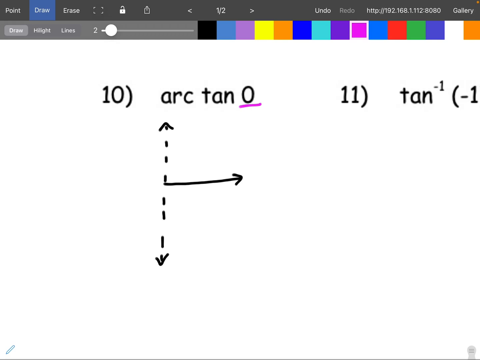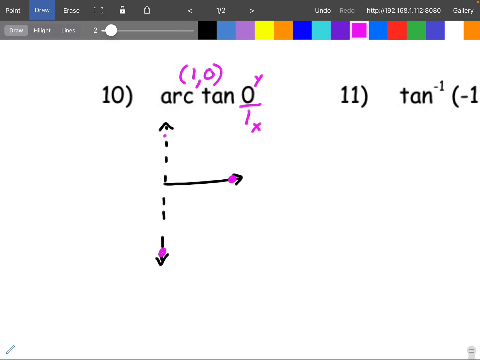Remember, tangent is y over x, so I'm going to say that that's really 0 over 1. So if it's y over x, that means the y has to be 0, the x has to be 1. So that means that I have a point where x is 1, y is 0, and hey, that would be right here.